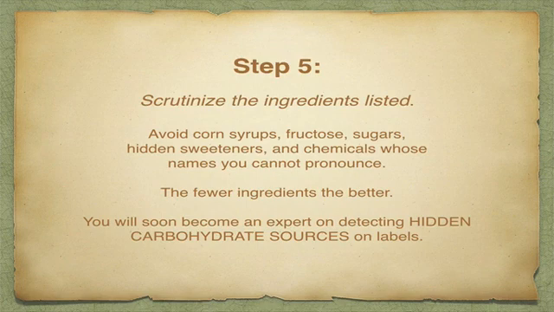And that has a role in making people hungrier and gaining weight. So scrutinize those ingredients. If it has a bunch of chemicals in it, you might want to try to pick something that doesn't. Now, you're soon going to be an expert on detecting hidden carbohydrate sources on labels and hidden ingredients on labels. So you really do need to look at the labels.